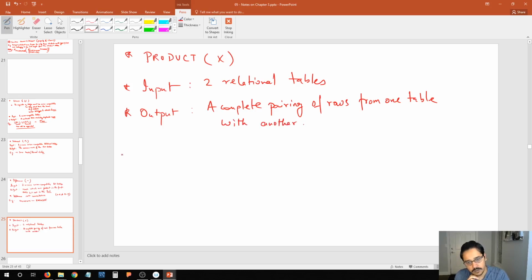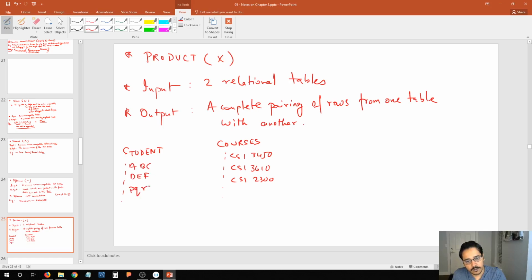So that means, let's say if we have a student table, which has the names of all the students, and then a courses table, which has names of all the offered courses. Let's say it is CSI 3450, CSI 3610, CSI 2300, and so on, right? And then you have students, let's say ABC, DEF, PQR, XYZ.